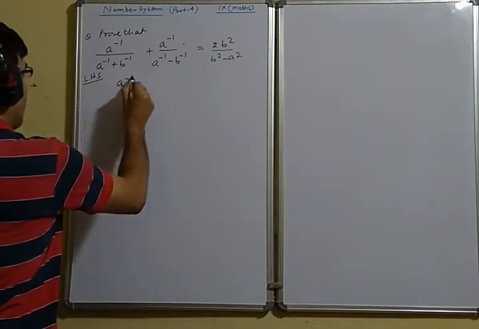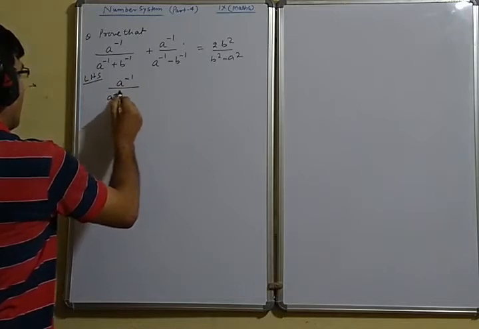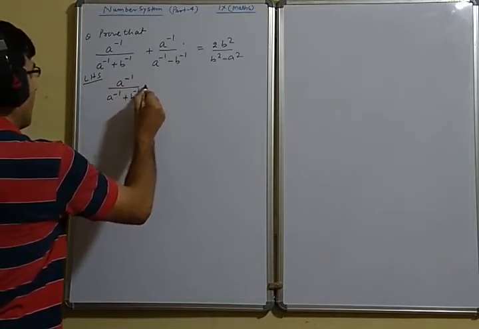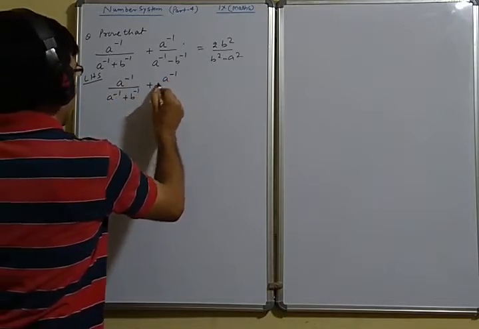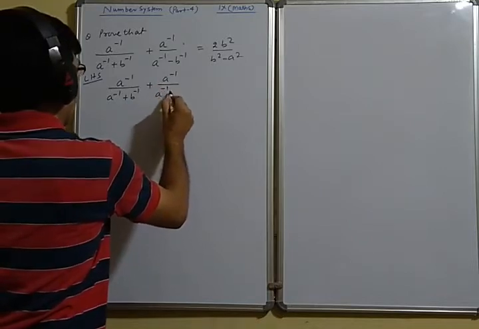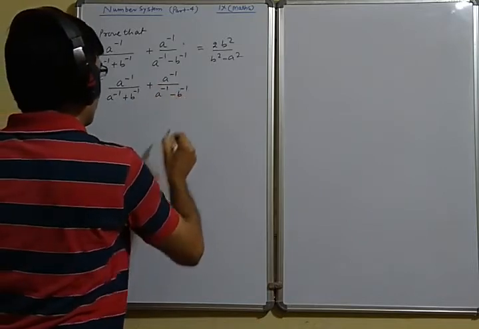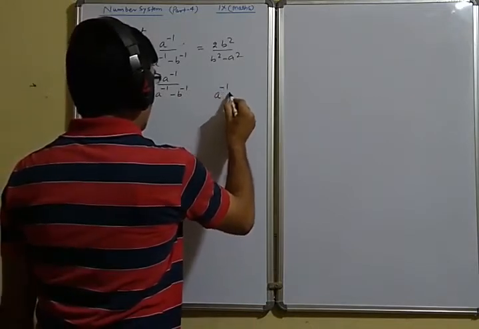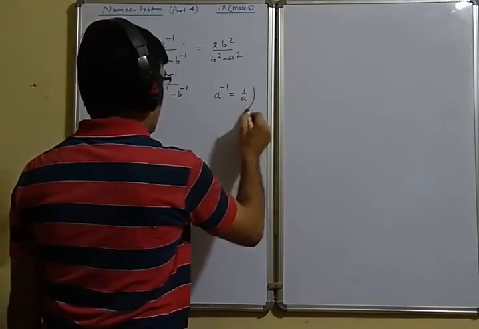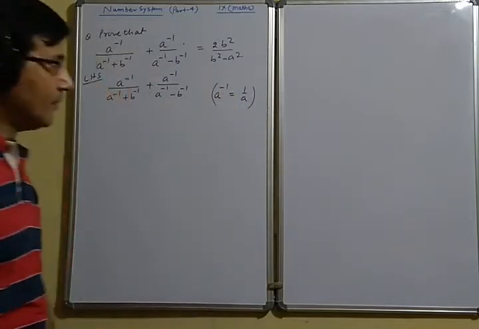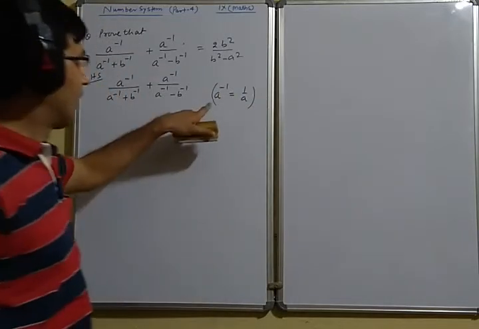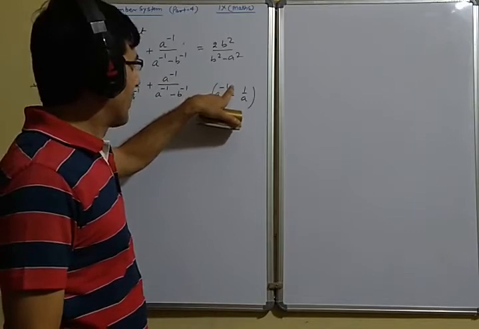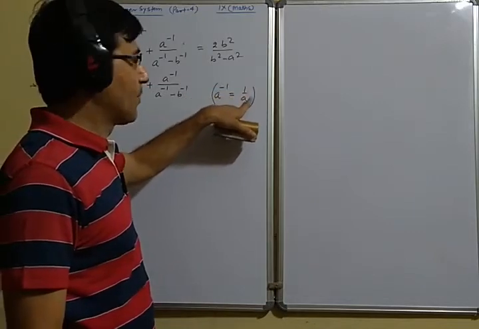It is a minus 1 upon a minus 1 plus b minus 1, plus a minus 1 divided by a minus 1 minus b minus 1. A raised to power minus 1 becomes 1 upon a. By using the formula, a raised to power minus m becomes 1 upon a raised to power m.